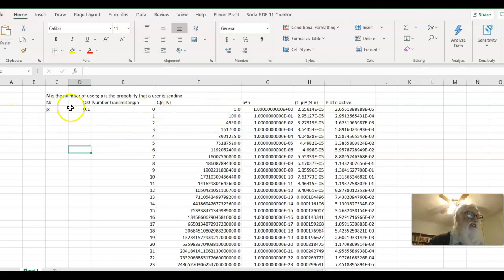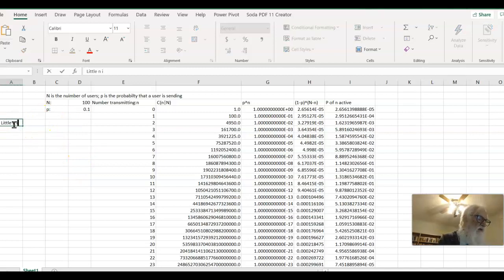Now, that's these two. I want to know the number of transmitting. So little n is the number that I transmitted at a given time.